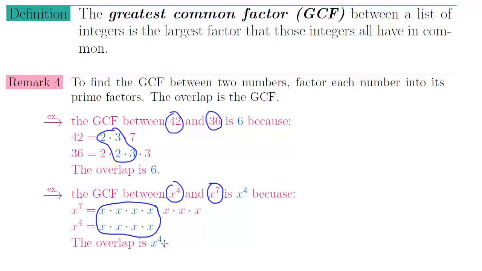So the GCF is x to the 4th. In general, the GCF between x to an exponent and x to another exponent is going to be x to the smaller exponent. So x to the 4th and x to the 7th have x to the 4th in common because the 4 is the smaller exponent.